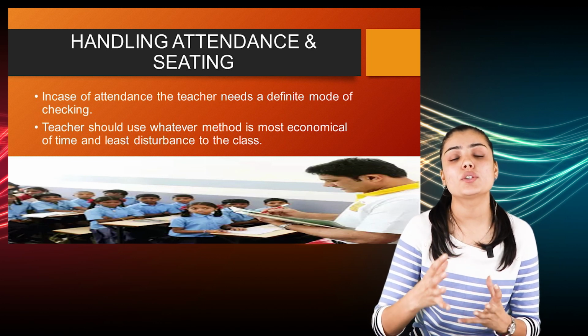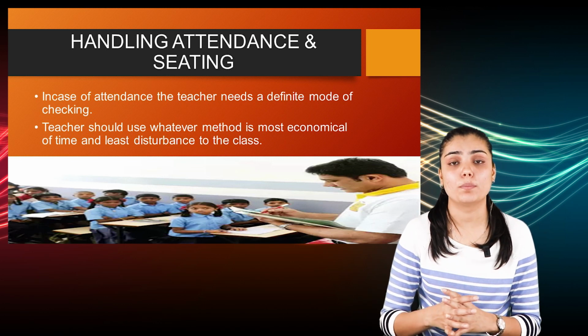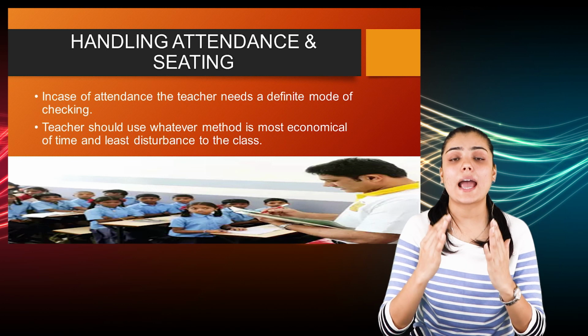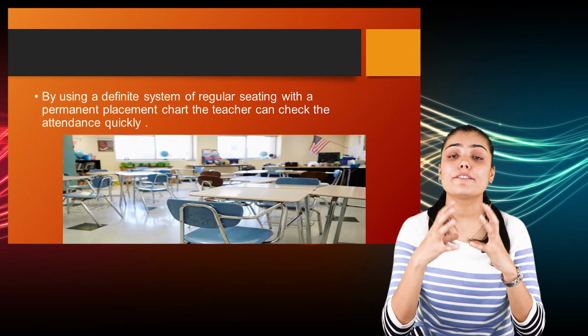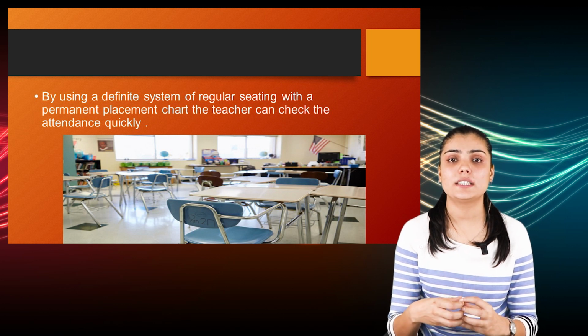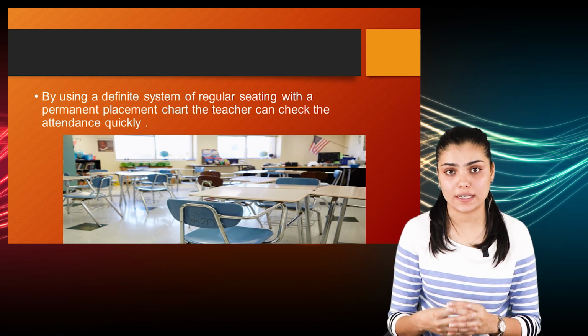The teacher should make sure that taking attendance does not disturb the classroom, right? Does not disturb the academic session of the students, all right? Now, as I said, a definite method must be adopted by the teacher which saves the teacher time and effort and which does not disturb the class, right?